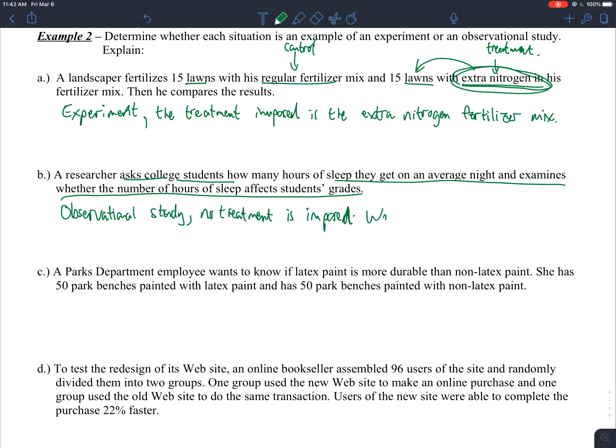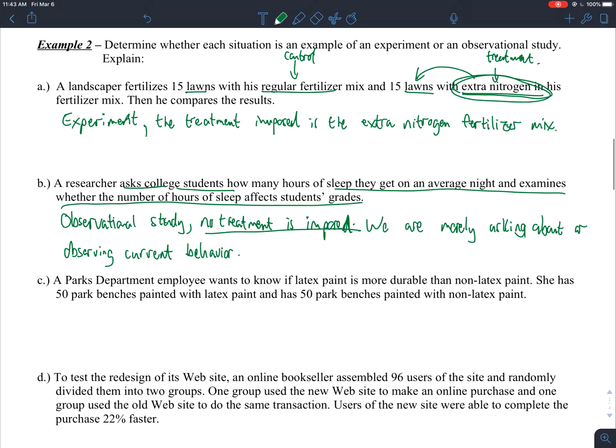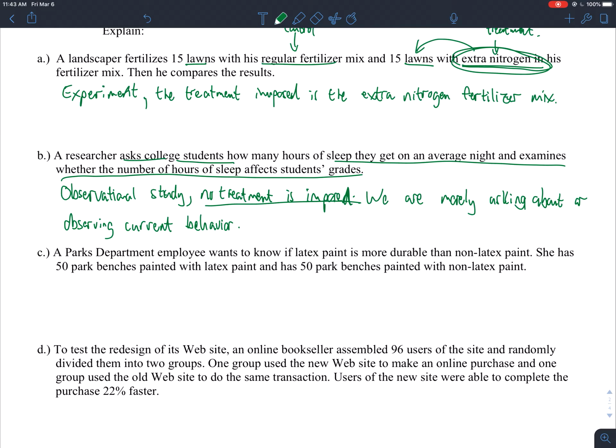We are merely asking about or observing current behavior. No treatment imposed. I'm just asking how much you currently sleep. That's not an experiment, okay?